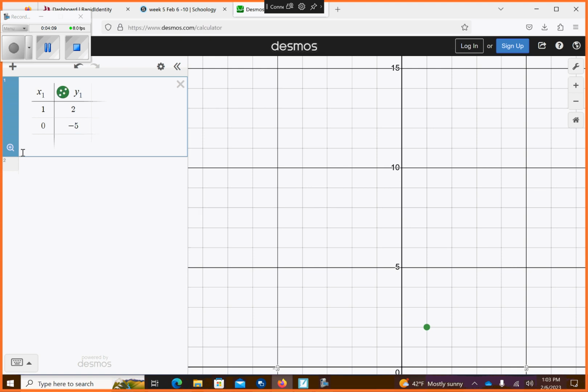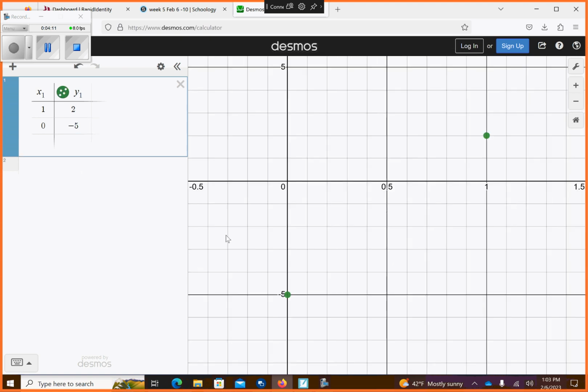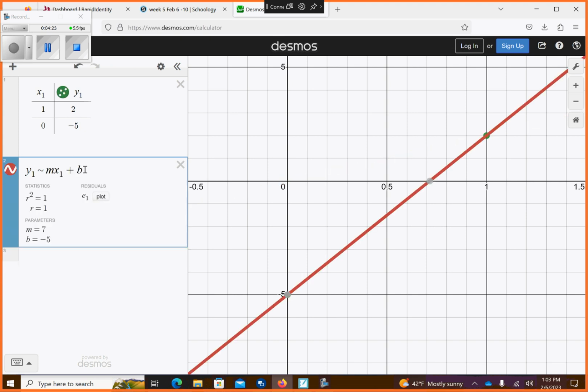Okay, and so if we hit the plus button, so those 2 points, good to know. They want the equation, so in Desmos y1 tilde mx1 plus b. And so y equals 7x minus 5 is the equation that works. That seemed okay.